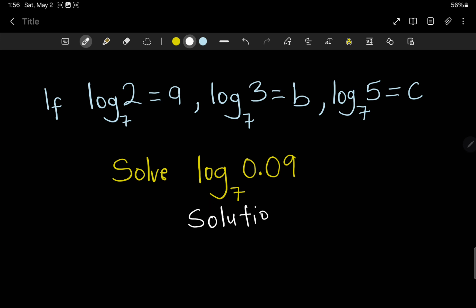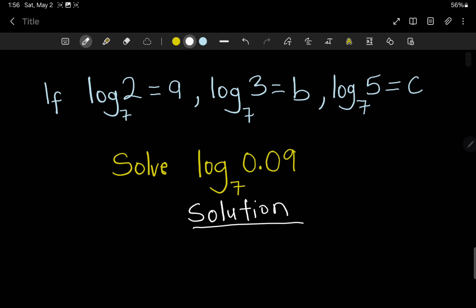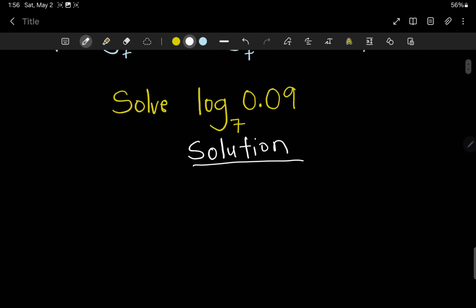First of all, let's try to convert this number to make it simple for us, which is the 0.09, and we know that 0.09 is the same as 9 out of 100, right?